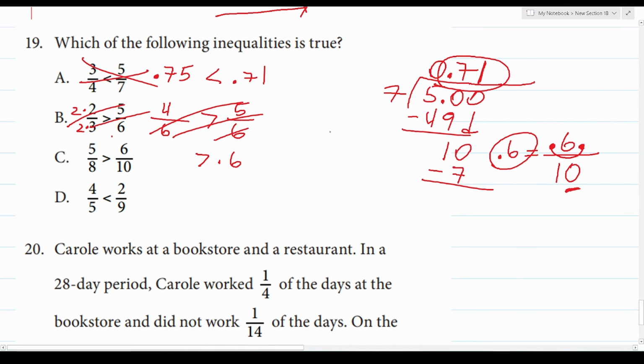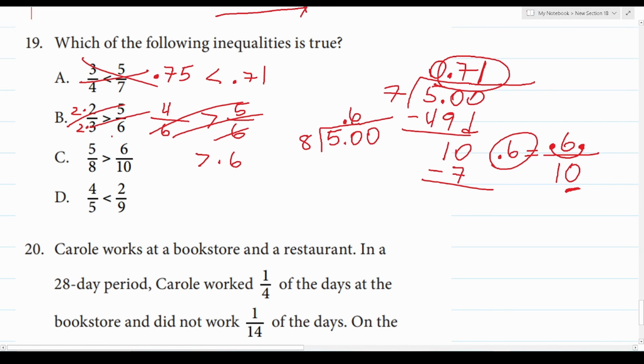As far as 5/8 goes, let's go ahead and convert this one to a decimal as well. Again, this is 5 divided by 8. And the question becomes, how many times does 8 go into 5 without going over? It doesn't, so we're going to add a decimal here and a couple 0 placeholders as needed. And likewise, we're going to bring up our decimal right there. The question becomes, how many times does 8 go into 50 without going over? Well, 8 times 7 is 56, whereas 8 times 6 is 48.